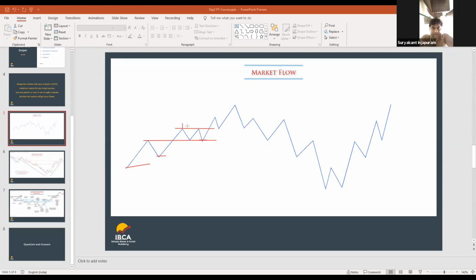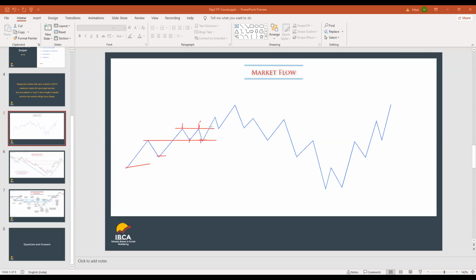If this market is getting broken, then that is your surety that this market is going to go more up. Why? Because the market has tested it twice, correct? And this has also been tested twice. So this range is broken now, meaning the market has more chances to go up.